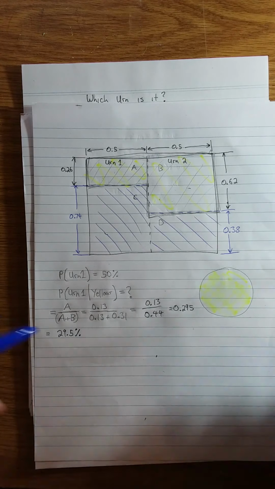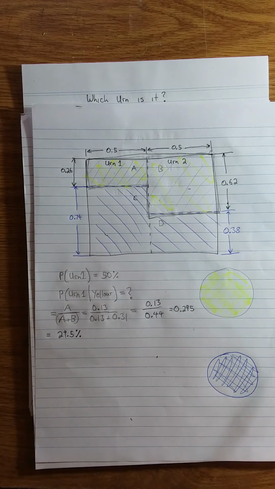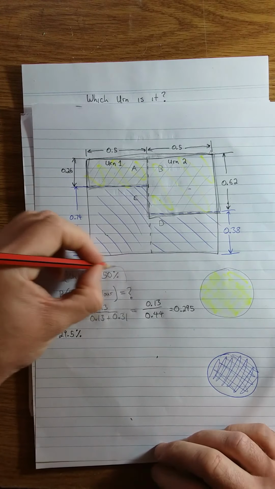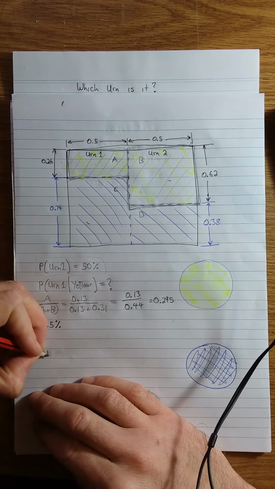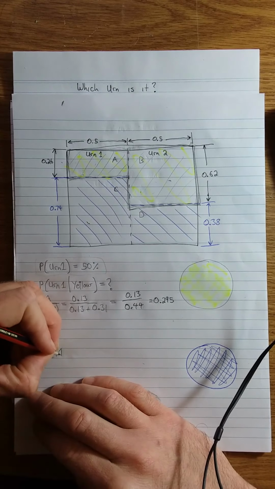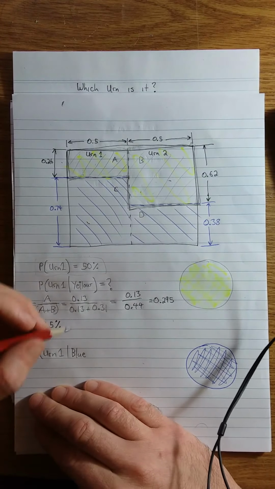What happens if we were to draw a blue ball? Well, we still have this, but now we want to know the probability of urn 1, given that we have a blue ball this time. This is the new evidence.